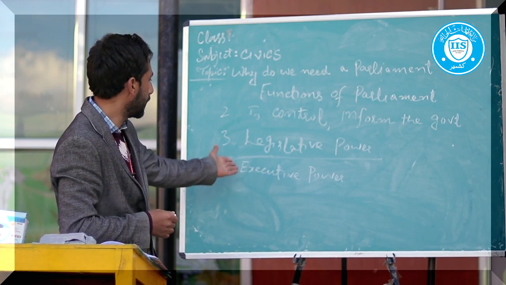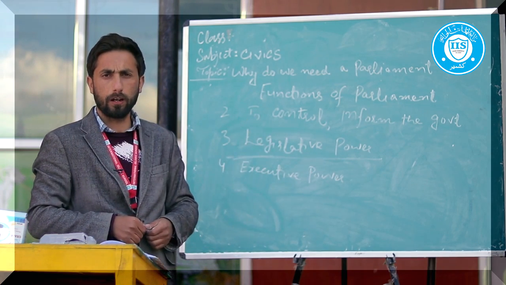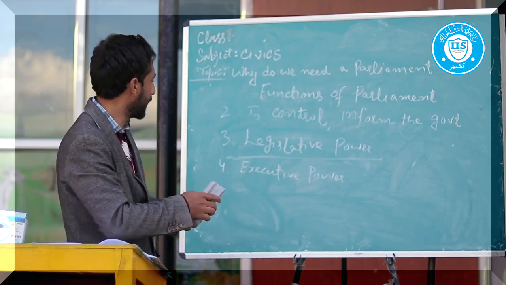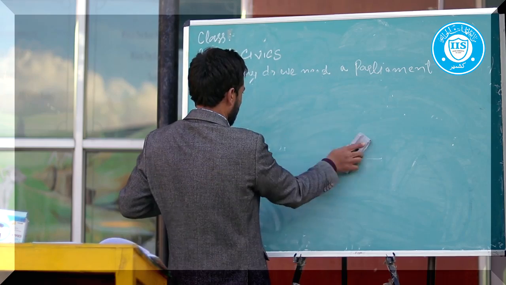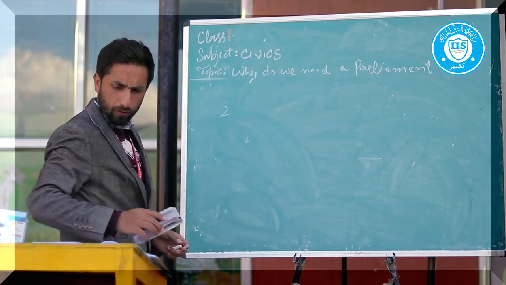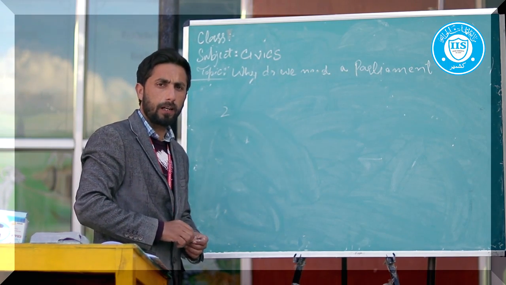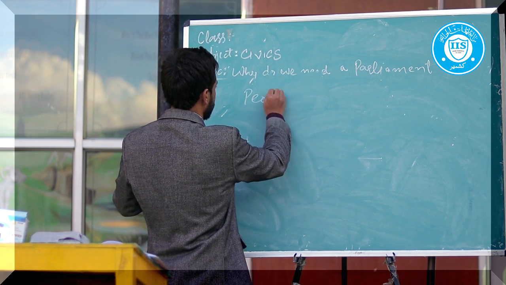So, these were some of the main functions of the parliament, and I hope you have understood all of this. Now, coming to another topic. As we know, with the passage of time, more and more people are coming towards parliament. I am actually talking about the people in the parliament.